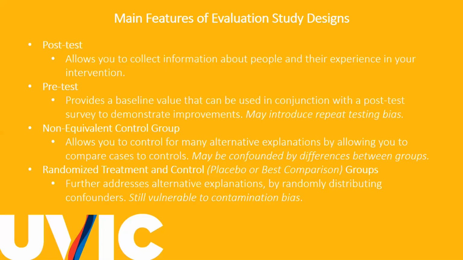And so if both cases and controls improved by about the same amount, then that tells you maybe there's not a whole lot of difference in the intervention, and some alternative explanation explains why both groups increased.